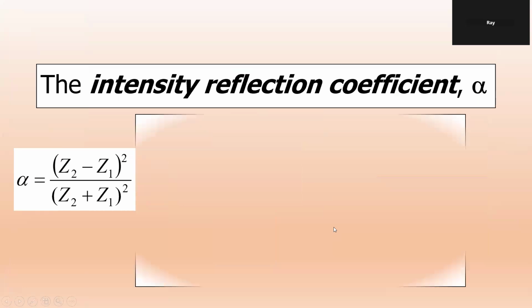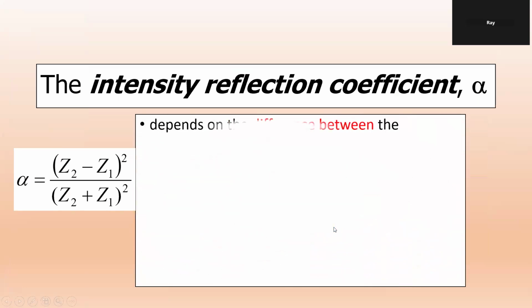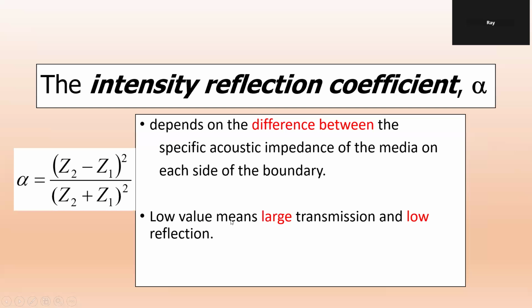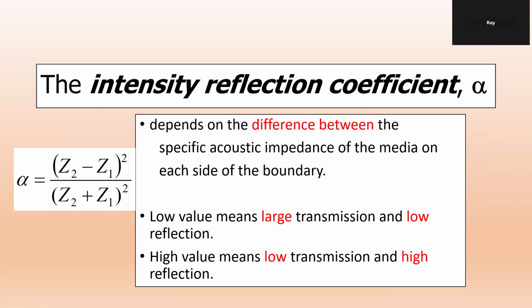The intensity reflection coefficient alpha depends on the difference between the specific acoustic impedances of the media on each side of the boundary, Z2 and Z1. That's the summary for you.